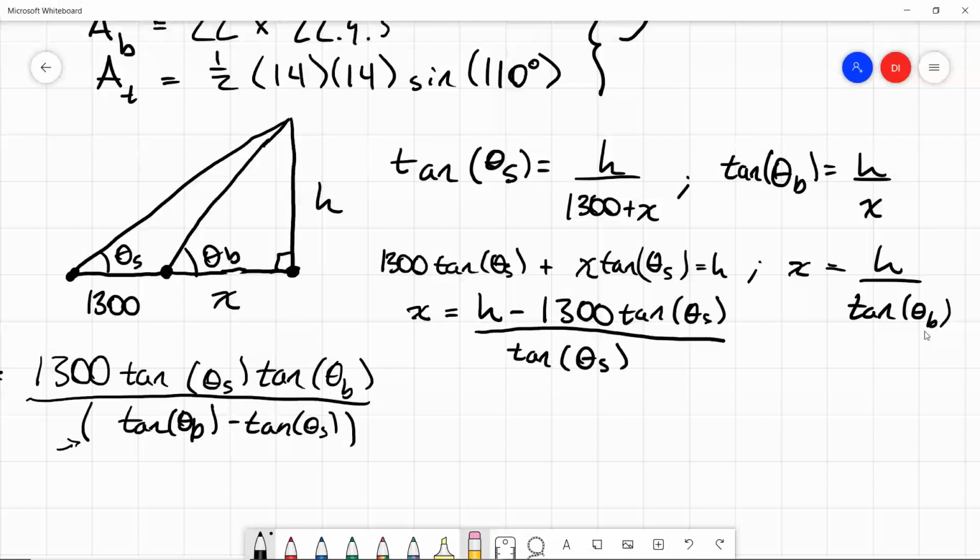So that way now when we set them equal to each other, we have two different fractions that we can cross multiply.